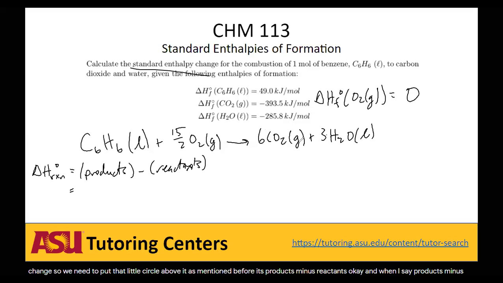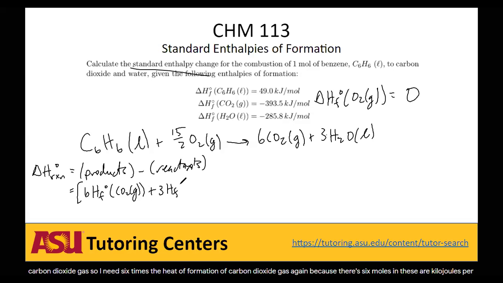I have carbon dioxide gas, so I need 6 times the heat of formation of carbon dioxide gas. Again, because there's 6 moles and these are kilojoules per mole. And then I also need 3 times the heat of formation of water. Okay, so these are my products.